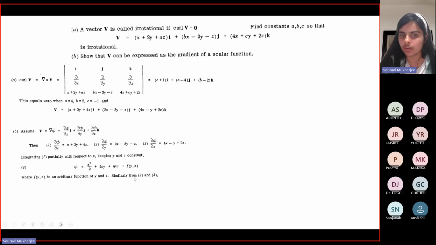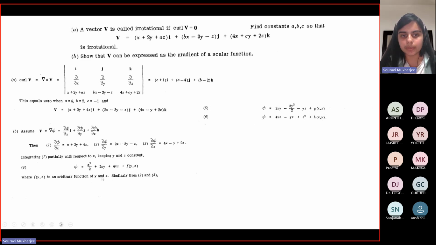Plus some function of y and z, which we don't know. Similarly, if you consider the second equation and try to find phi from here independently, you will get something like this expression for phi. And similarly, from equation 3, if you integrate, you'll find this expression for phi.